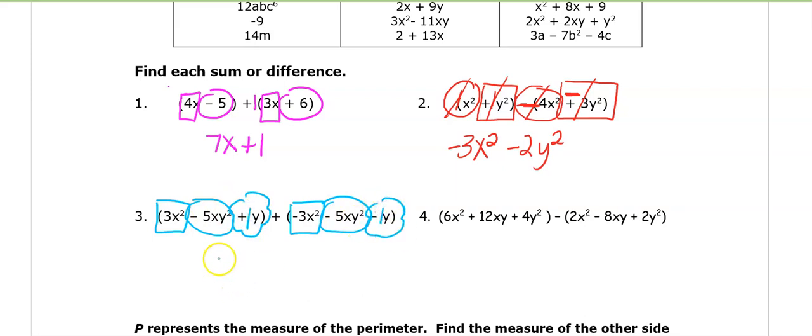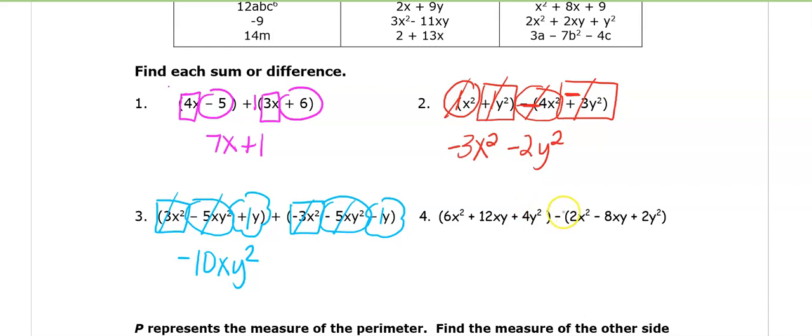So 3 minus 3 is 0. Then -5 minus 5 is -10. Be careful there. If I owe one person $5 and I owe another person $5, I owe $10. Then we have 1 minus 1, which is also a 0. So those first two, the cloud and the square, end up canceling out.